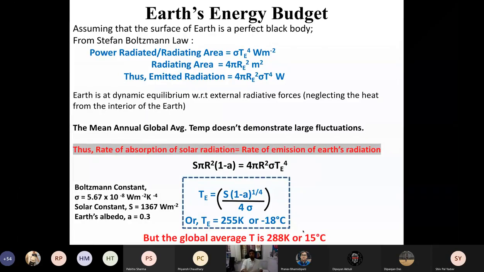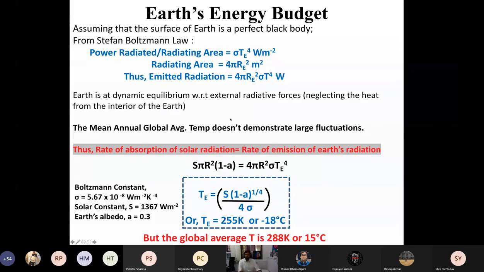The emission has to happen from the planet Earth. We are receiving around 180,000 terawatts of energy, and that has to be back radiated to the outer space for thermal equilibrium to be maintained. In has to be equal to out. Otherwise, the temperature of the planet would be going up constantly, right?